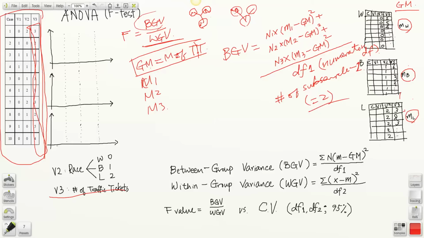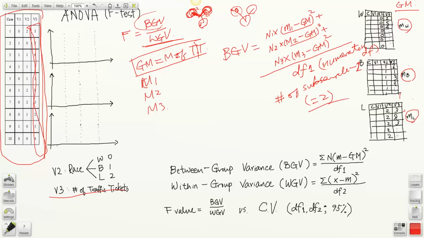And again, the distance between first subsample and grand mean, this distance, right? Square that and multiply that with the sample size. The distance between second subsample and grand mean, square that and multiply that with the sample size.